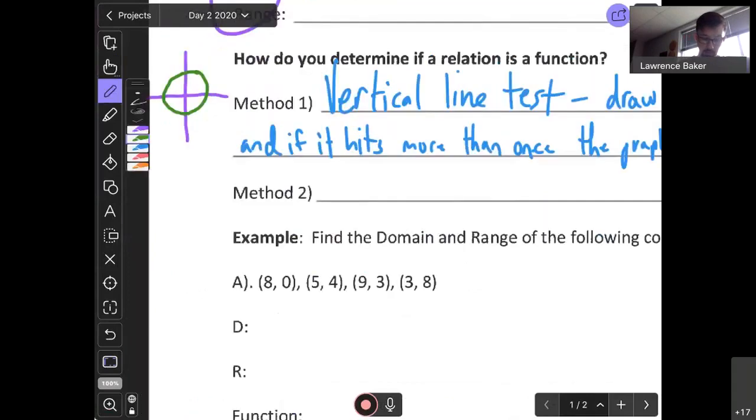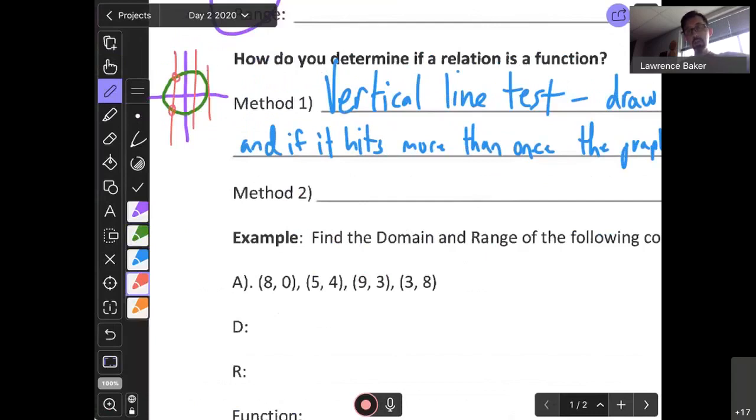If we were to graph a circle and then try to run a vertical line through it, we would notice that that vertical line would hit twice, right? Even if I found a way to barely touch the circle on the edge and hit it once, that's not the point. The point of the vertical line test isn't to try to cheat it. It's just to see if it happens or not. Because it hits more than once, this is telling us that this circle equation is not a function, okay?